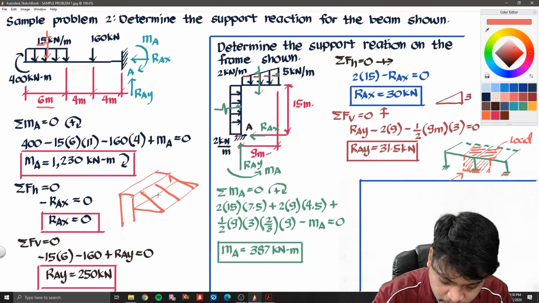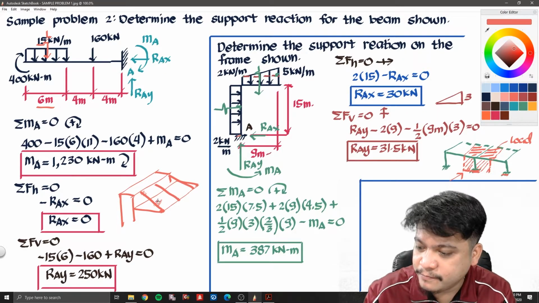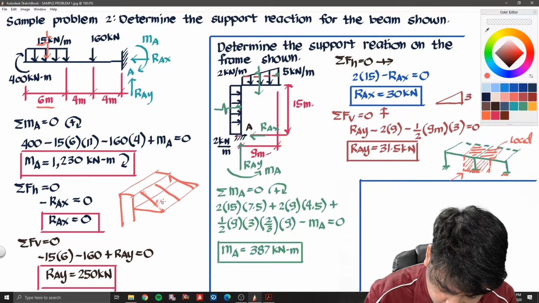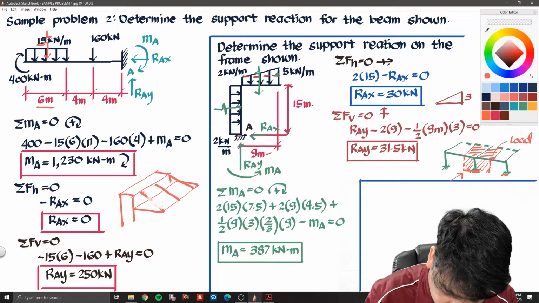So, wala siyang cables dito. Oops. Ayan, burahin ko. Okay.